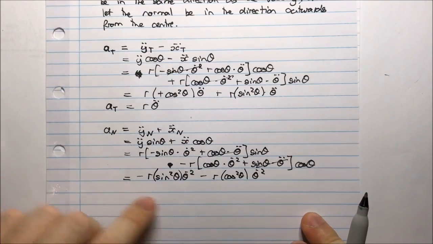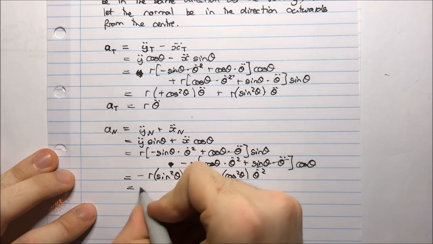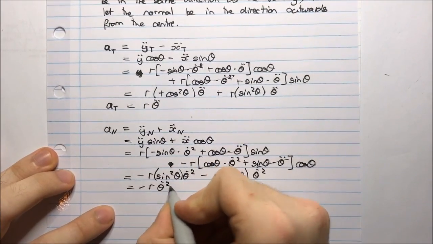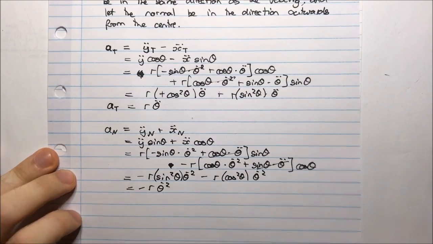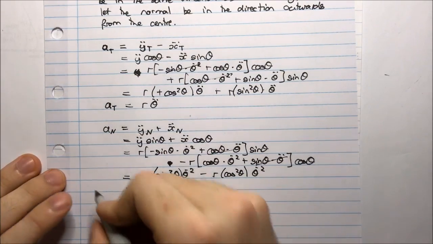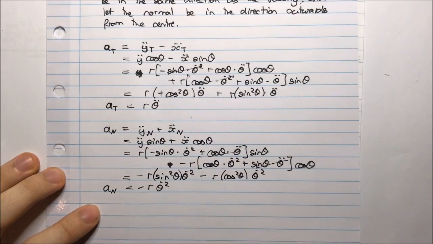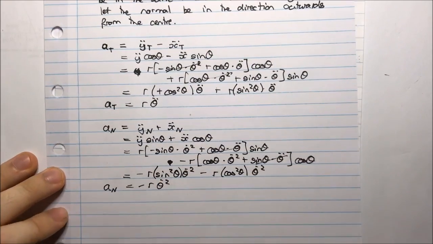I factor out a minus r theta dot squared, and then I'm left with sine squared plus cos squared, which is itself 1. And so I have in the normal direction minus r theta dot squared.